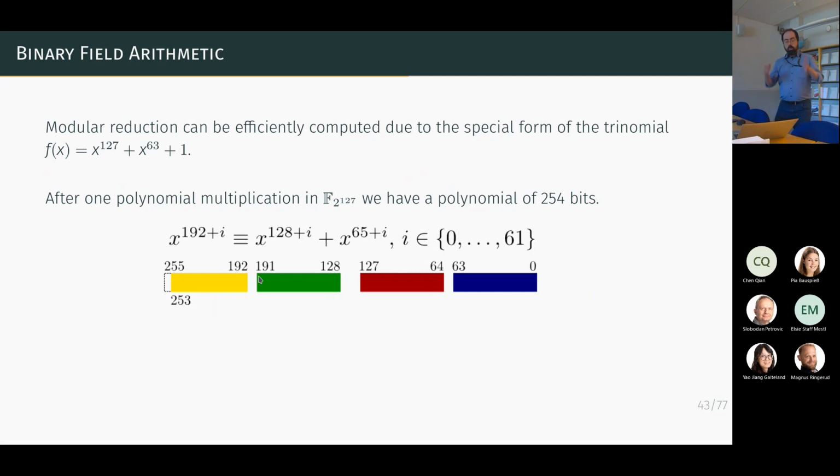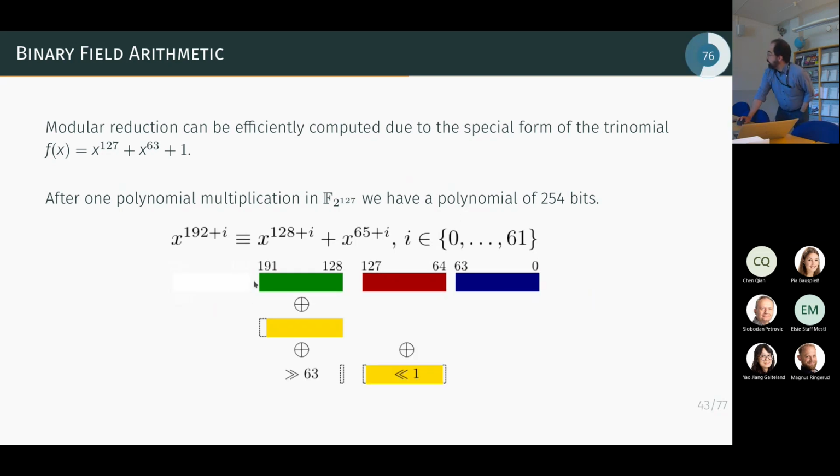So we do the same here. Instead of doing this bit by bit, we pick the whole word, and then we add to those positions, because this will be valid for the whole word, all the top bits in yellow there. This means that I need to pick this top word and add it to the position 128, the position 65, which means shifting it 1 position to the left before you add. One thing that's great is that because the field is a bit smaller than 128, this shift will be a 0 bit, so we don't need to deal with it.